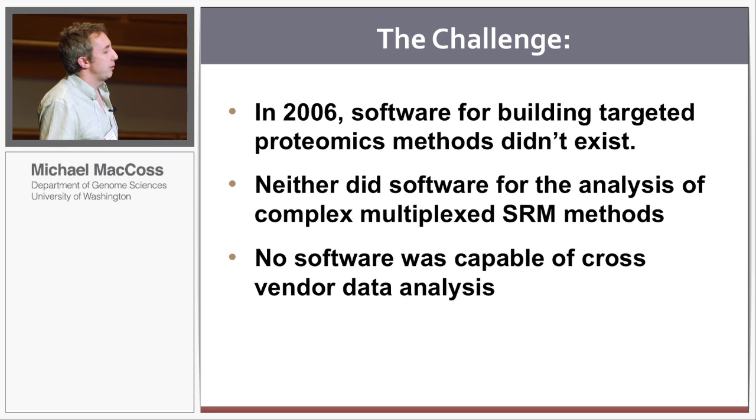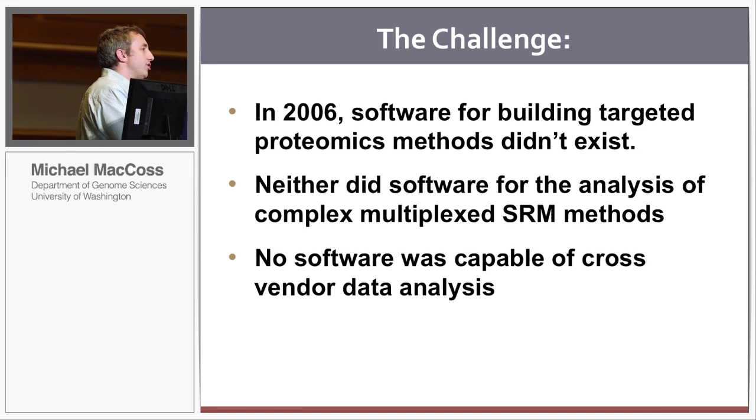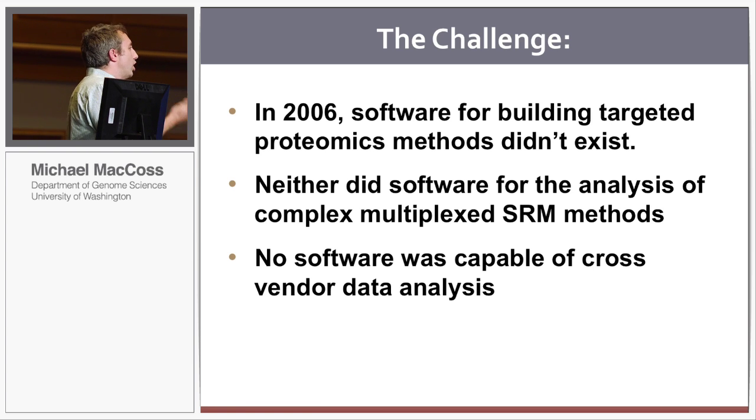So the big problem was that when we first started this in 2006, software for building targeted proteomics methods just didn't exist. Neither did software for the analysis of complex multiplex SRM methods. A lot of the software was designed to measure a couple of compounds in thousands of samples. It was not designed to measure tens or hundreds of peptides in tens or hundreds of samples. So it was a paradigm shift in how we need to think about building these things.